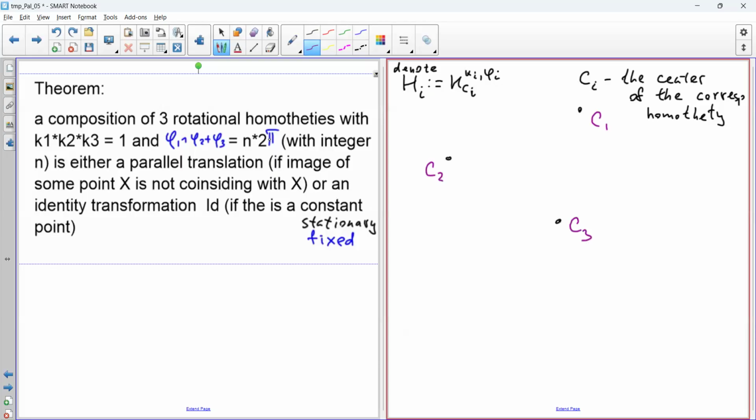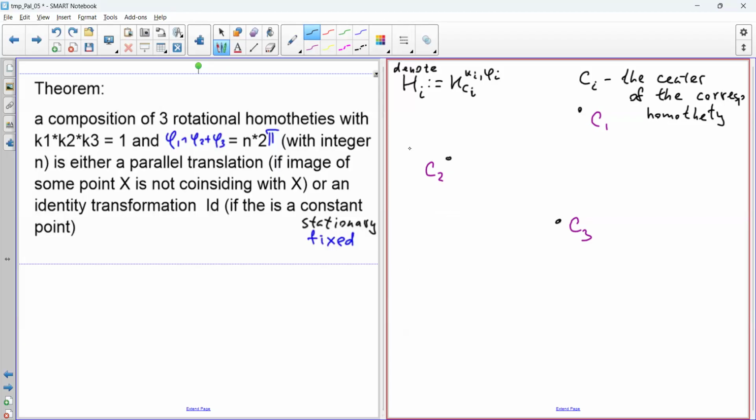And we have these conditions. The product is equal to 1, and the sum of angles is several times double pi. From this, we can say the following.